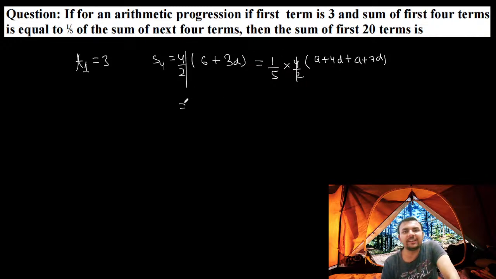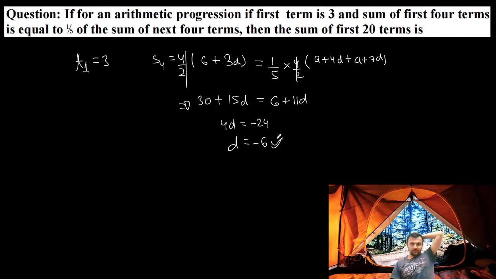We are getting 30 plus 15d. I think we get 2a is nothing but 6. It is 11d, so we get 4d equal to minus 24, d equal to minus 6.